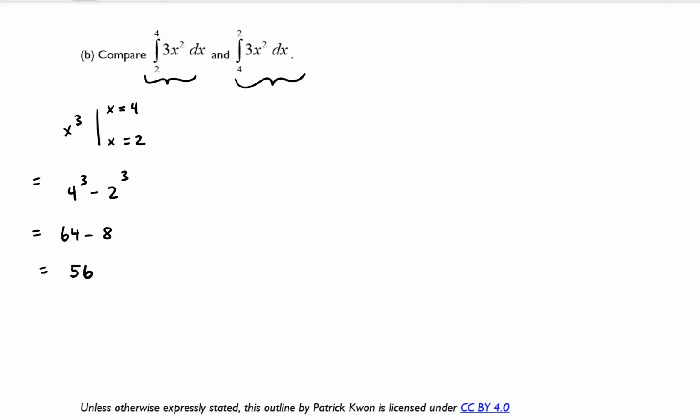And then this one will be x cubed evaluated from x equals 4 to x equals 2. So that's going to be 2 cubed minus 4 cubed, which is going to equal 8 minus 64, which is going to equal negative 56. So just as we predicted, they're the same value, except one is multiplied by negative 1. And that is illustrated in property number 4 of the table that we saw earlier.